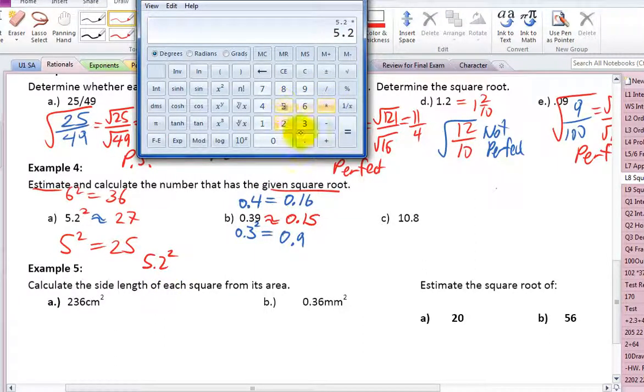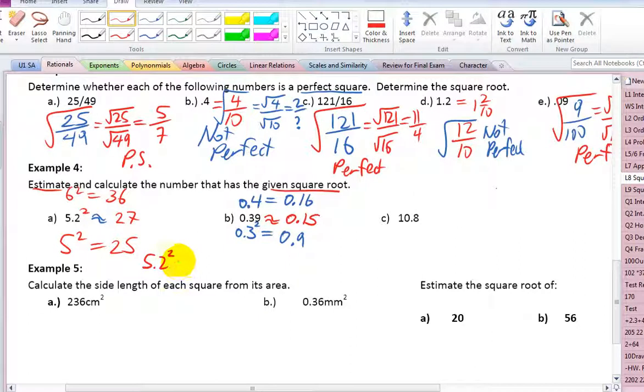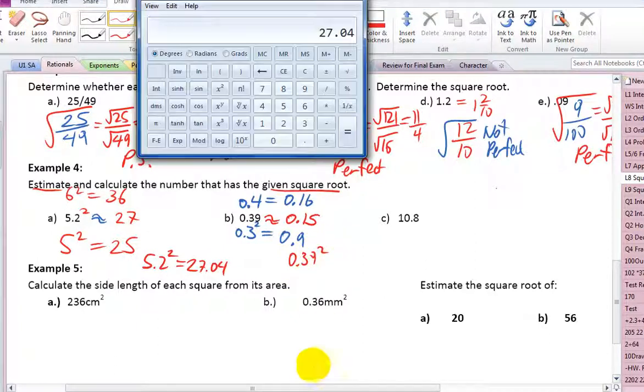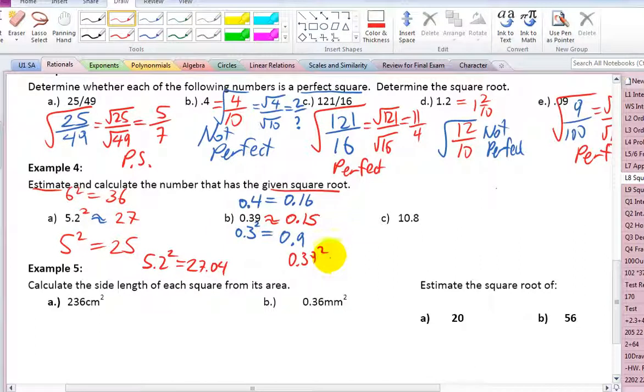5.2 times 5.2, 27.04. Next one, 0.39 squared. Go to your calculator. 0.1521. Good. Okay, the square root of 10.8. How are you guys going to do that one? Go ahead, do it. Whole number below would be 10.